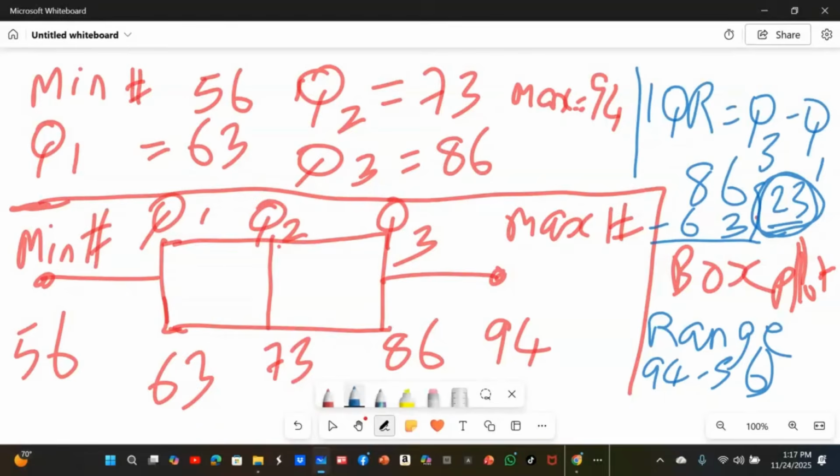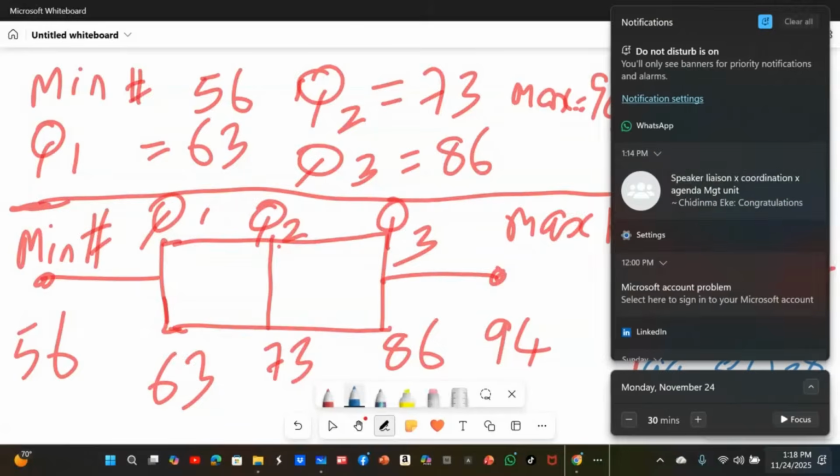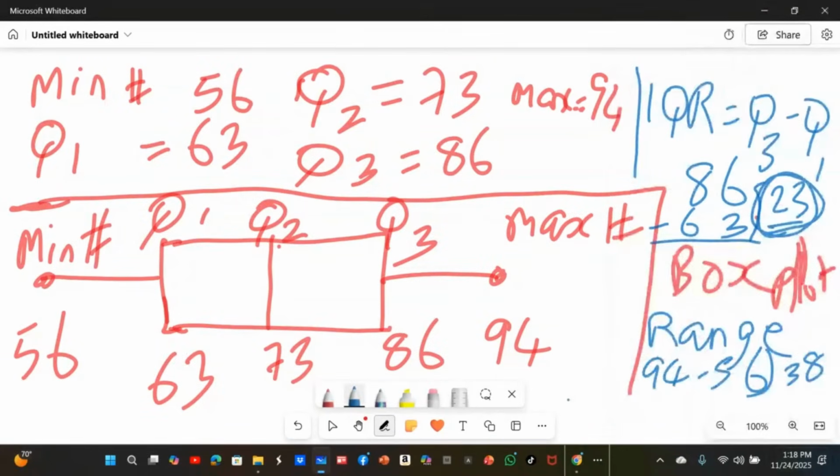So we have 38. Therefore, the range is 38. The range is 38. The interquartile range is 23. I hope you remember that the range is not the same as the interquartile range. Okay, so we have answered the question about Professor Dang's first test.